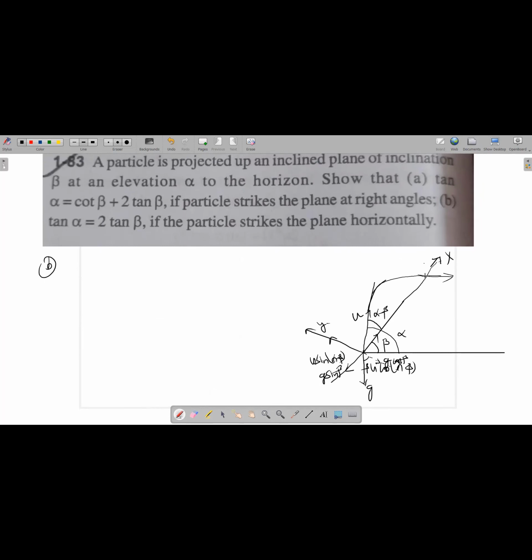So at this point, there is no y component of velocity. I mean, don't call it x component because we have taken x like this. So there is no component along this, right?